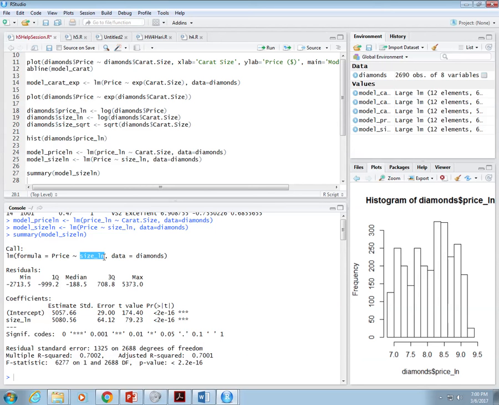You have to plug in the log of the size. Okay, but the output will be price in terms of dollars, which is what you're looking for usually. Okay, so that's size log. Now price log is a little bit trickier, because what it's regressing is actually a prediction of the log of price.